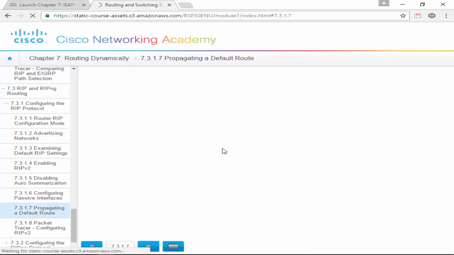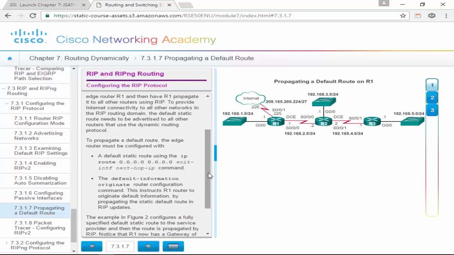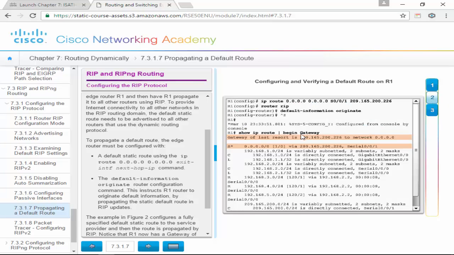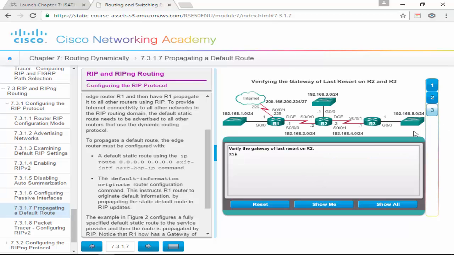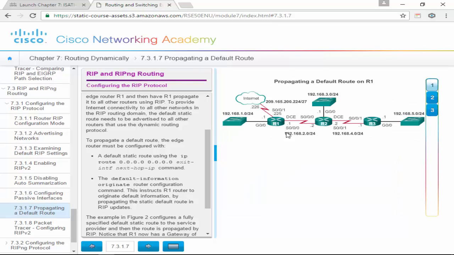Propagating a default route. So in RIP, right, we have IP route 0.0.0.0 right here. So we want that shared within our RIP interface. So we go into our router RIP, and we say default-information originate. So it'll originate any default routes we have in our routing table to the rest of our RIP autonomous system.